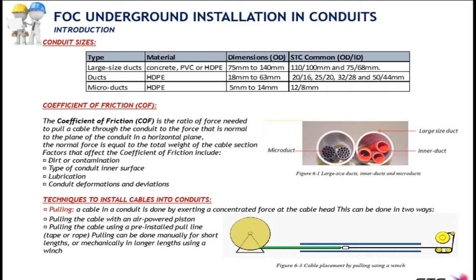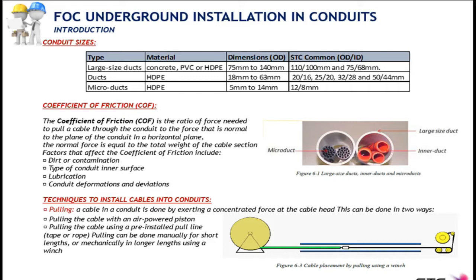In telecom applications, it's rare that we go beyond 14 centimeters outer diameter, but in STC specifically we only use two types of large-sized ducts, and these are most commonly used for copper networks. They are the 110 millimeters and the 75 millimeters.